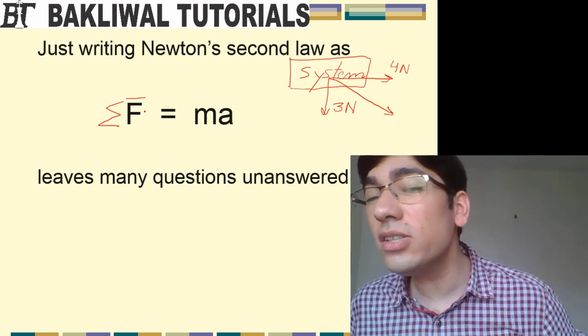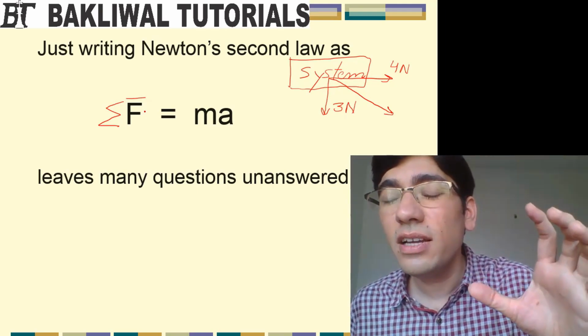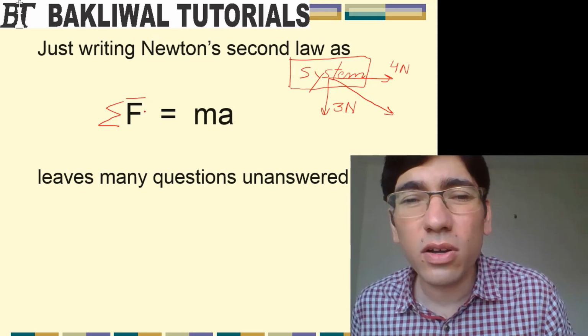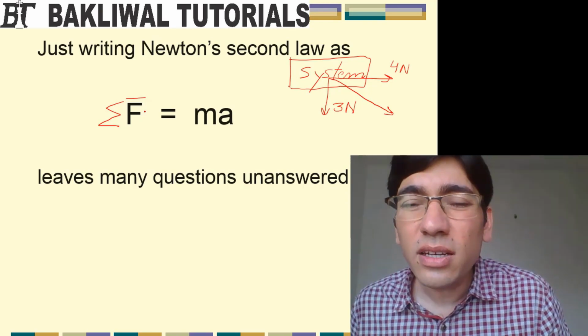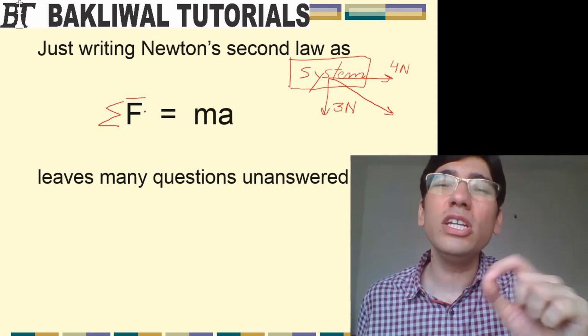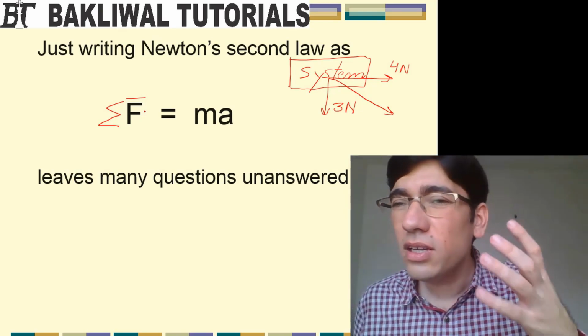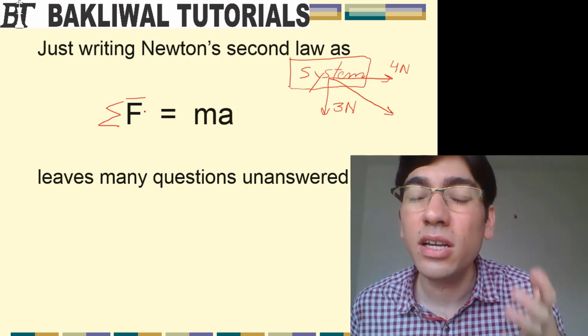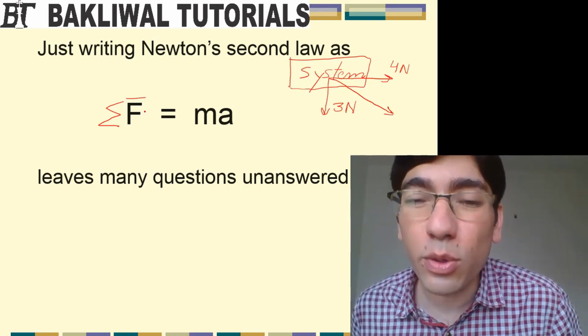Here we also had a discussion that if we have an extended system with infinitely many particles on it, then these particles would be applying forces on each other. So there'll be so many internal forces involved, it will be a Herculean, very difficult task to deal with them.